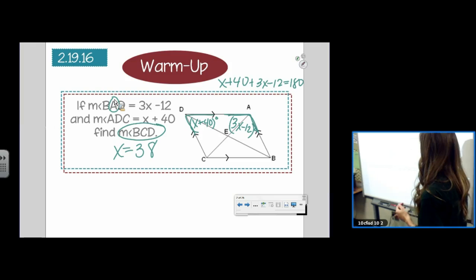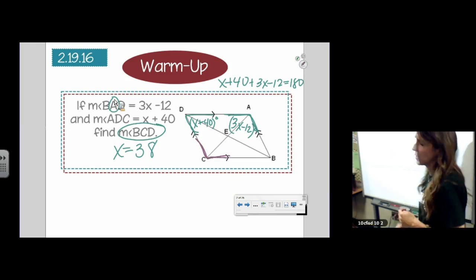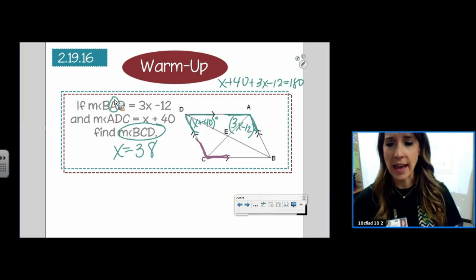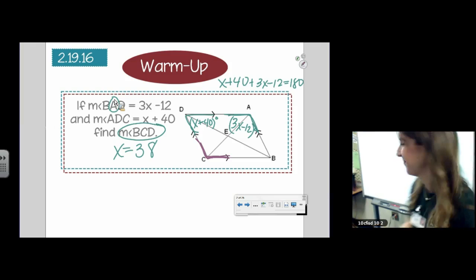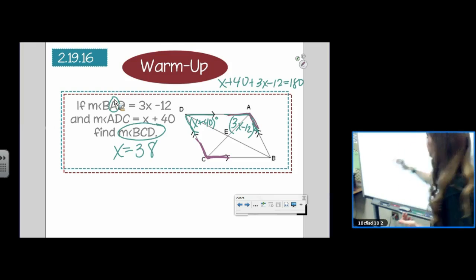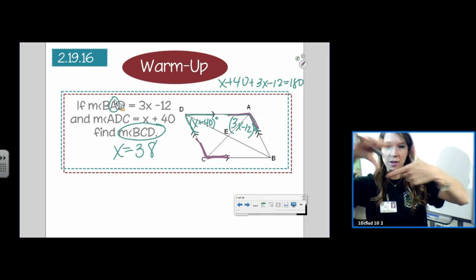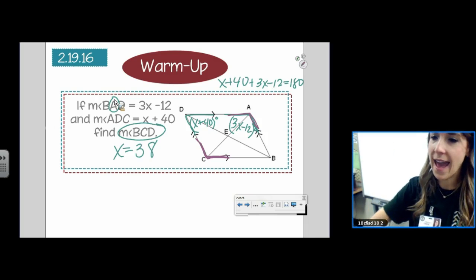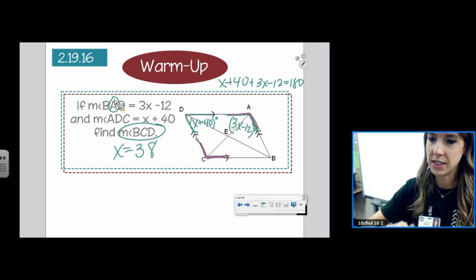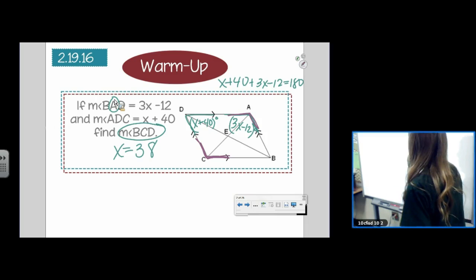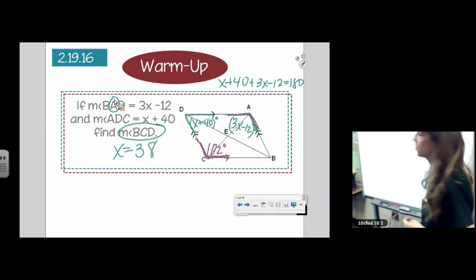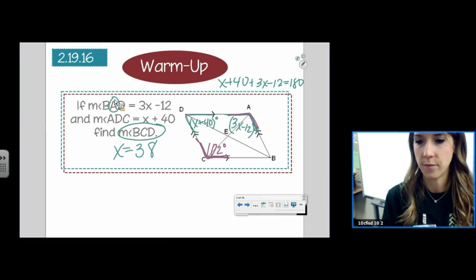That's a fancy way of saying angle C. Which angle would be congruent to angle C of the angles that we know? Angle A, because opposite angles are congruent. So you plug it into angle A, you know that it's congruent to angle C. Final answer, 102 degrees. Awesome.